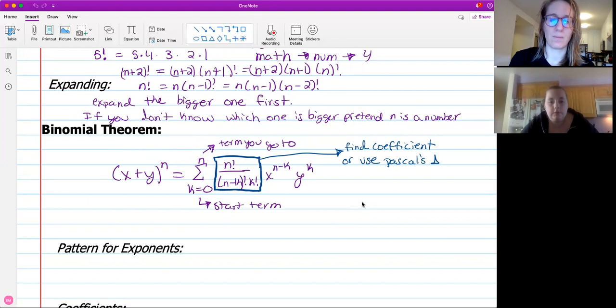So you can just use this piece here. And remember, that piece is just your nCr formula, the same thing we use for combinations. So you know how to find that in your calculator. It's either Pascal's triangle or that piece, which is the official binomial theorem piece, but that's just your combination formula. So you can use your calculator.